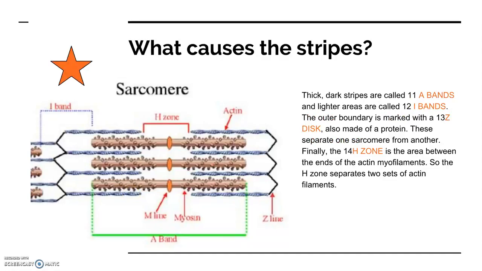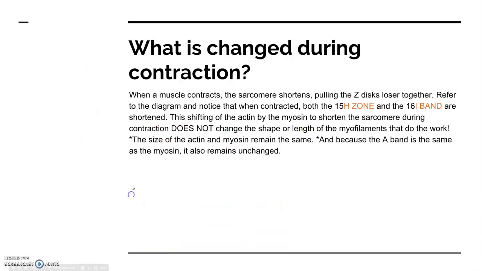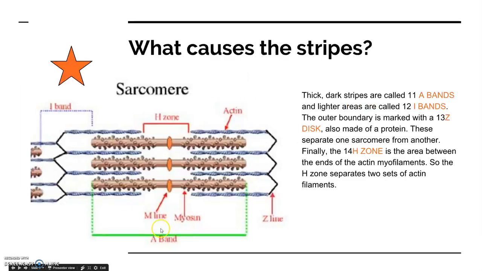Thick dark stripes are called A-bands. So A-band is listed here. That's these dark stripes if we look at this under a microscope. The lighter areas, when you're looking at the slide under a microscope, are called I-bands. That's this area here, because these dark thick filaments are not present. The outer boundary is called a Z-line, or sometimes a Z-disc, or sometimes a Z-band.